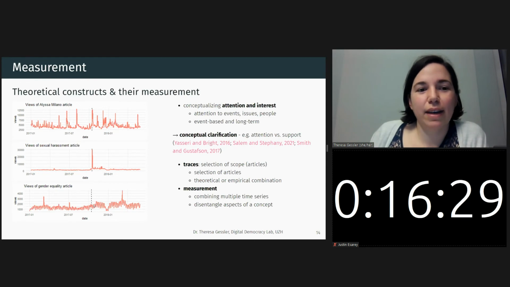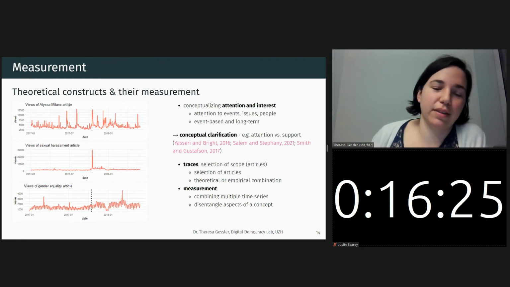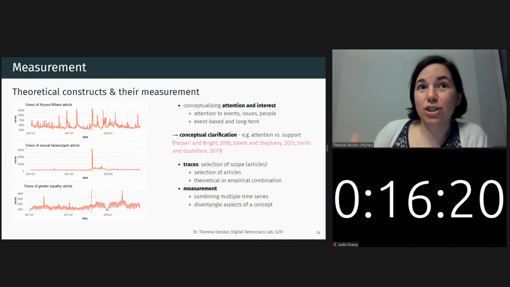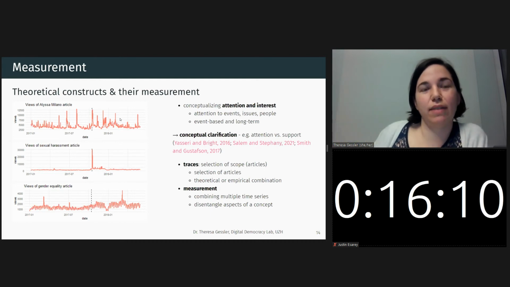We can see that for Alyssa Milano, who popularized this hashtag on Twitter, for sexual harassment, which was the issue behind this, and for maybe the meta issue, gender equality, we see quite different patterns. For Alyssa Milano, there's a general pattern of attention that fluctuates.